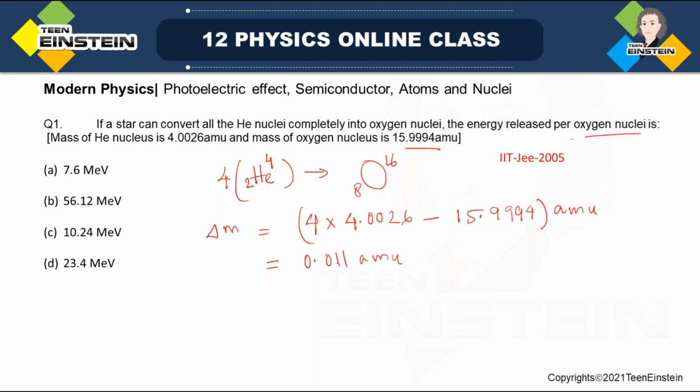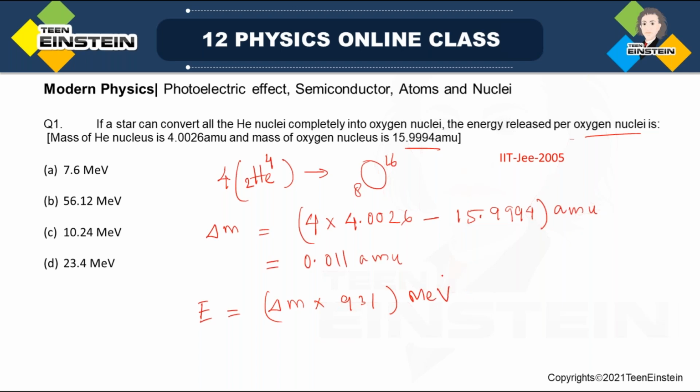So the energy released is delta M, the mass defect, into 931, which gives the unit of MeV.